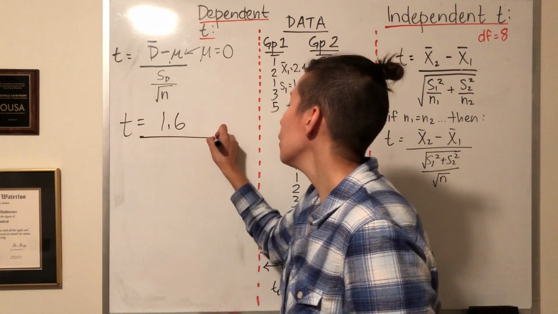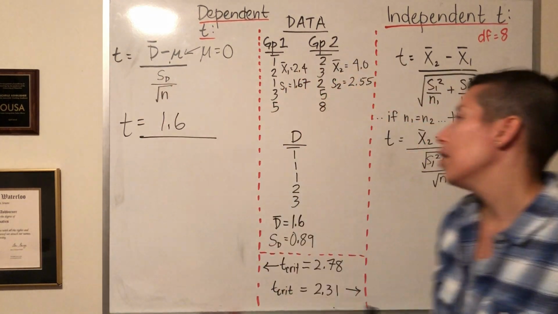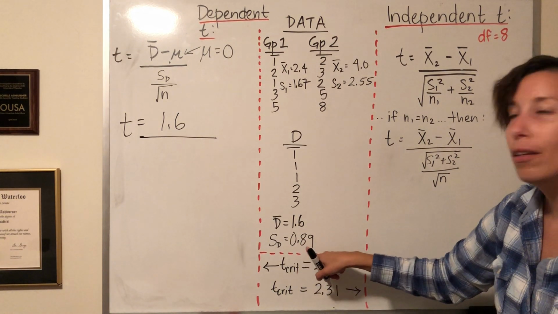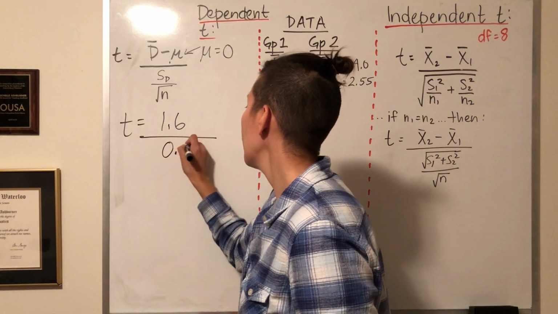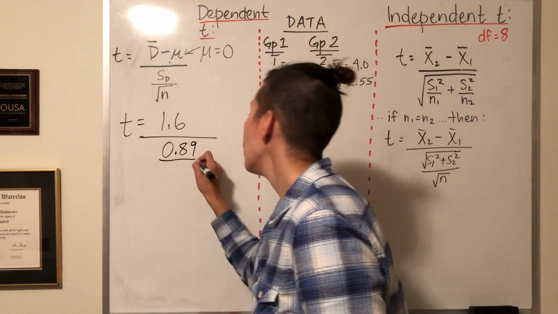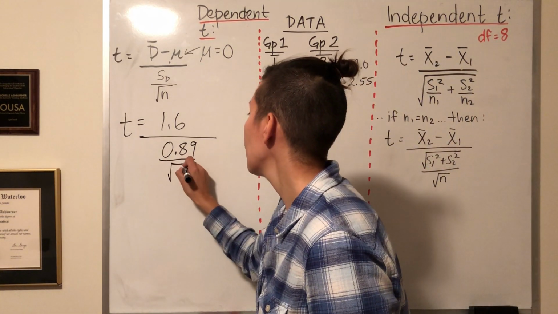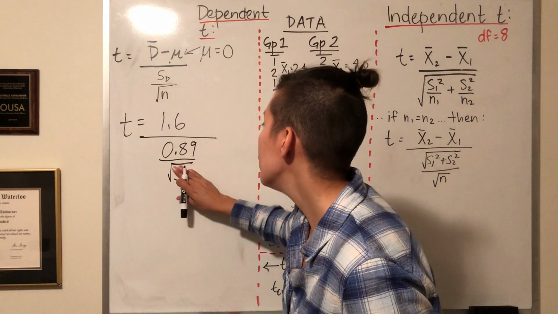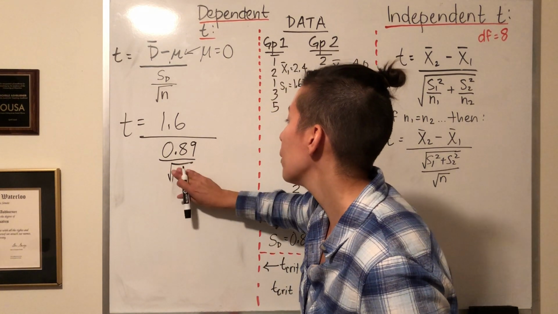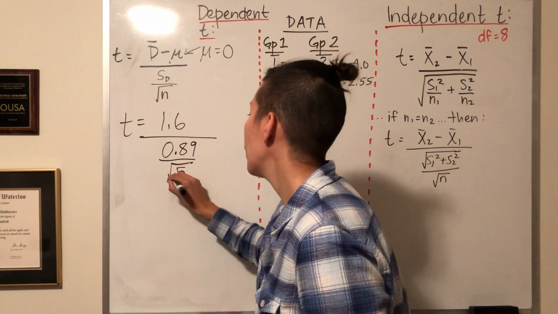Okay, and then we divide by the standard deviation associated with the difference score, so it's 0.89, but that itself on the bottom is divided by the square root of n, and n is 5. Because for the dependent t-test, we have 5 participants in total, or at least we're pretending that we do.